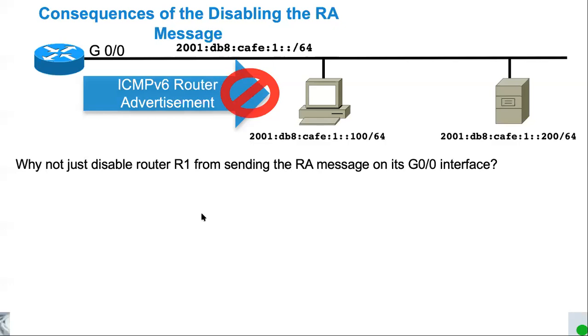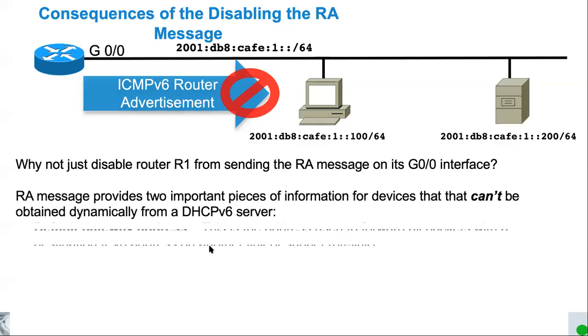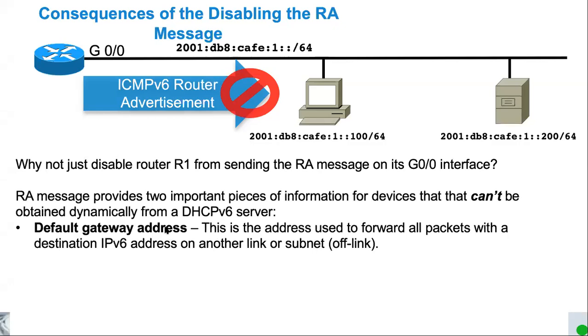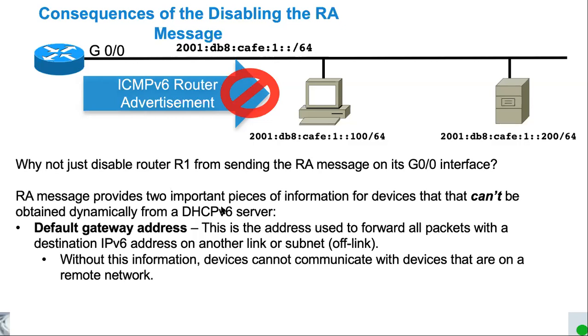Well, we still need that router advertisement message. First of all, remember, the host, the end device, can only get its default gateway address from the source address of the router advertisement message. Without it, the host won't be able to communicate off of its link.